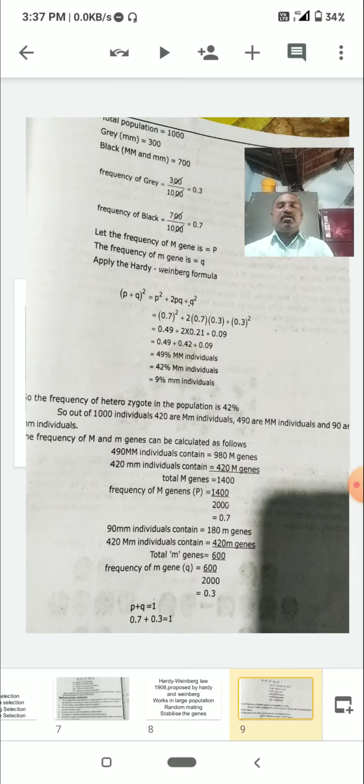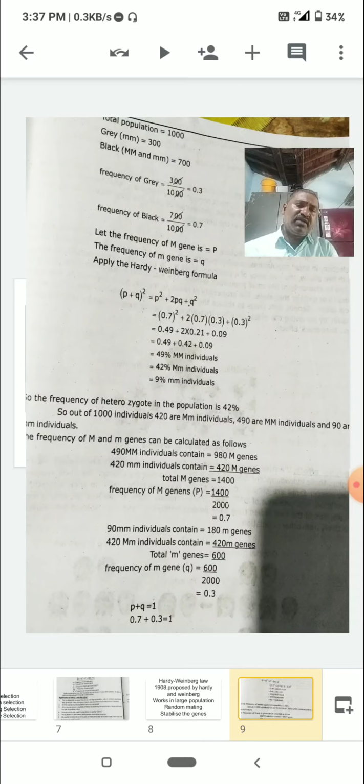Next, natural selection by nature. Three types of natural selection are there: directional selection, stabilizing selection, and disruptive selection. For directional selection, examples are resistance to DDT in insects, the formation of long necks in giraffes, and industrial melanism, that is, selection of peppered moths in two different areas.